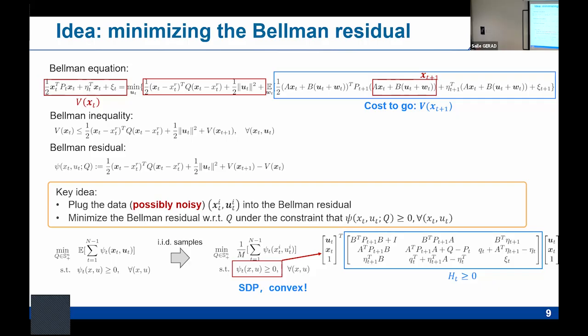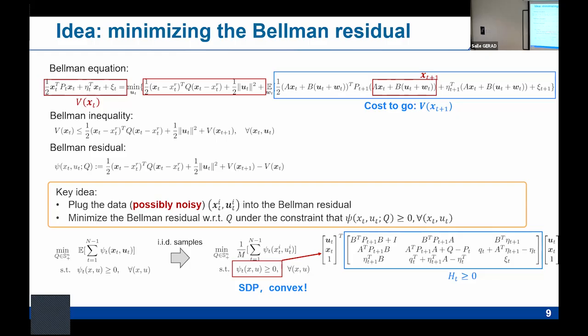Since we approximate the expectation E with IID samples by the uniform law of large numbers, we have a little problem, because that's an infinite-dimensional optimization. But because we are in the LQ case, you can write it so that being always non-negative is equivalent to a matrix being positive semi-definite. Then you arrive at something you can solve, which is an SDP.